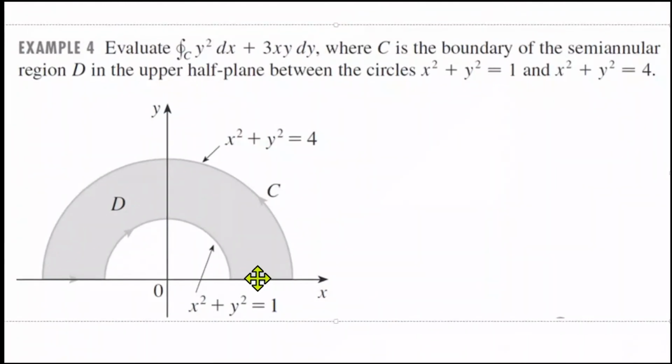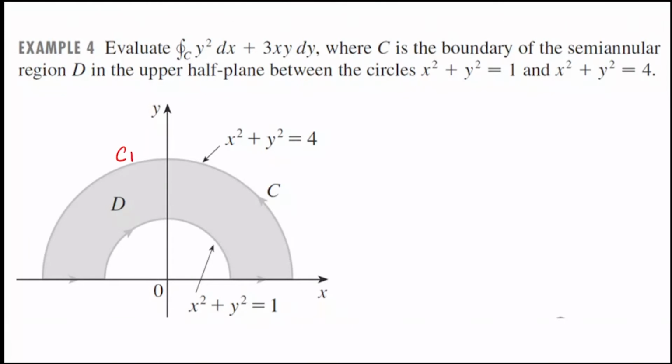So our path is this. That's our path. You see it's going to be terrible, right? So I'm going to call this C1 here, and this is C2, and that's C3, and this is C4. Okay?